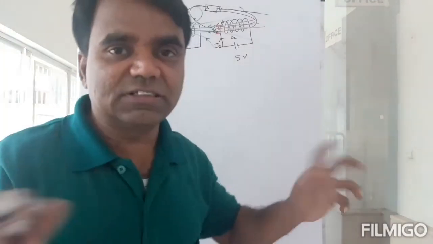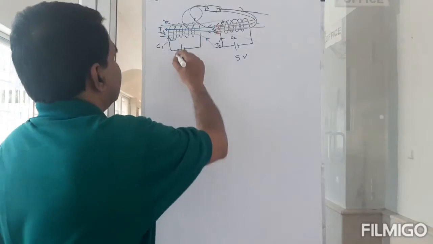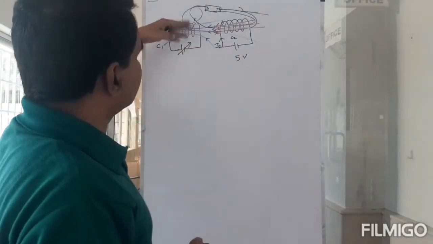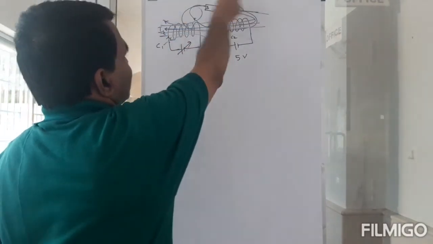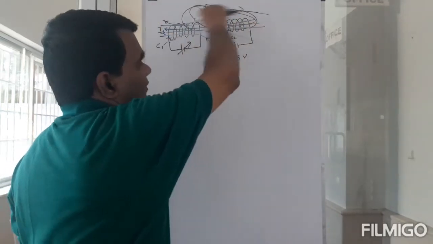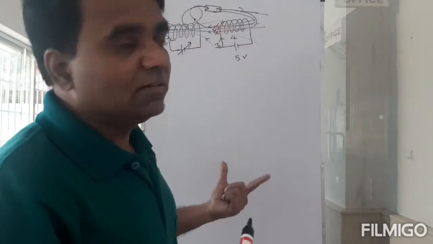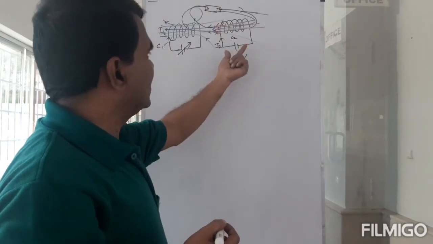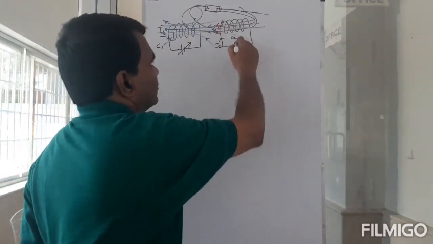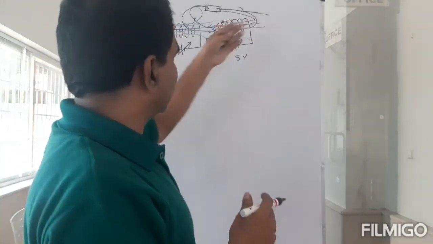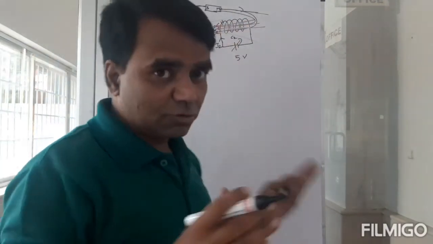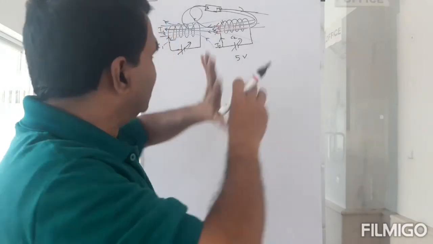Let's suppose it's not changing. Maybe you're changing this battery, and you're moving the magnet here and there, thereby changing the flux lines through this coil, and you can also be changing this voltage. Then if you change that, the current flowing in this coil will also be changing. So you keep changing things.